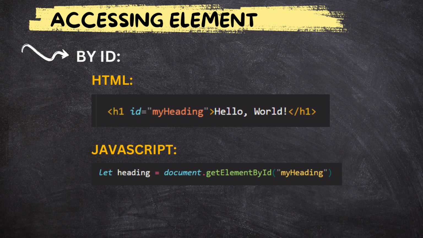First one is document.getElementById. This method returns the element node that has the specific ID attribute. For example, if we have any element with ID equal to myHeading, we can access it using document.getElementById("myHeading").